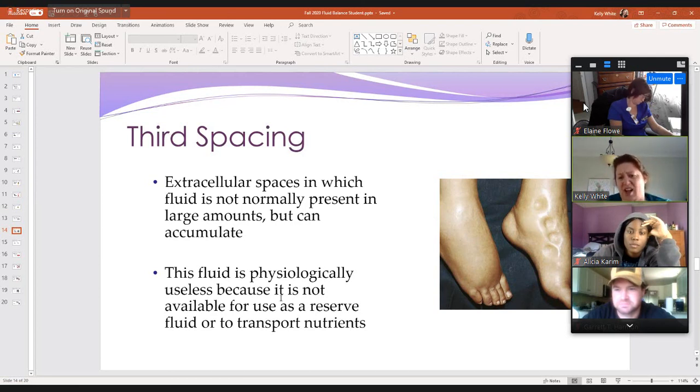You'll see this a lot in patients that are about to expire if they've had a long death process.